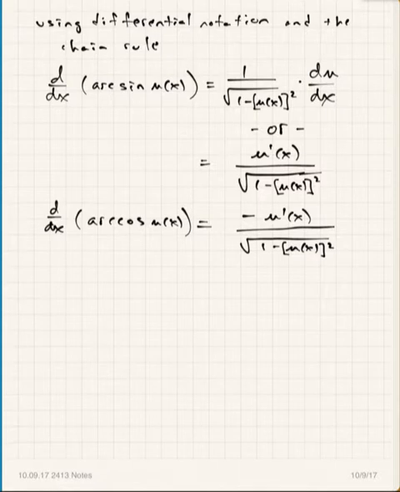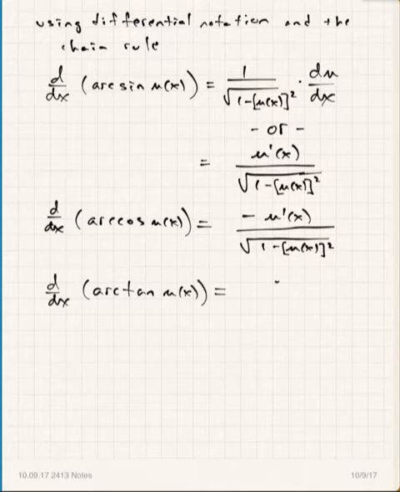The derivative of arc tangent of u of x would be equal to u prime of x over 1 plus u of x quantity squared. Notice there's no radical in this one, so it's a little bit simpler.